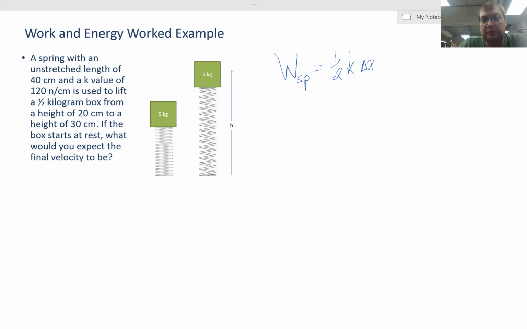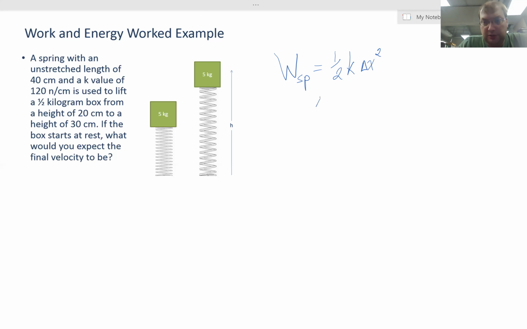In this case, we'll just refer to it as an x length, even though we're talking about a vertical height change, so we could refer to it as a change in y. But what we want to look at is the square of that change in length, and how that compares based off a nominal length.